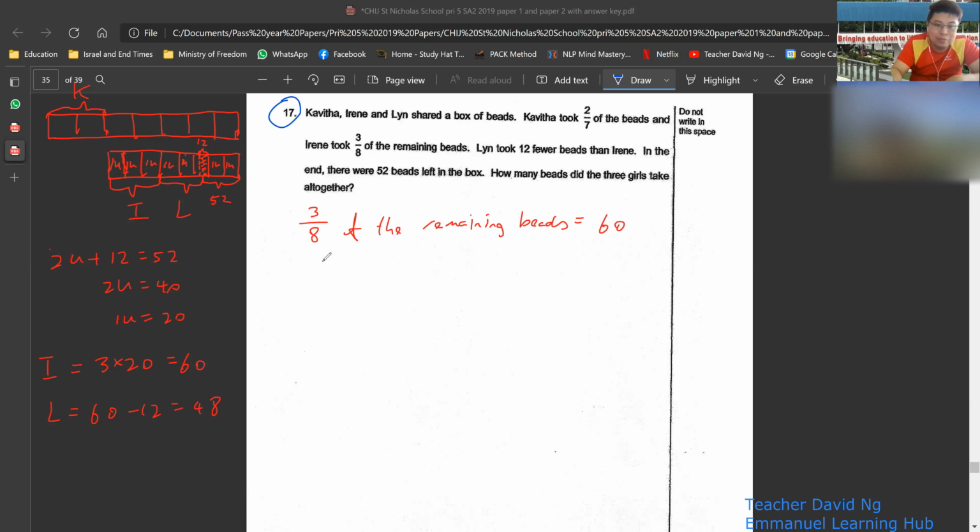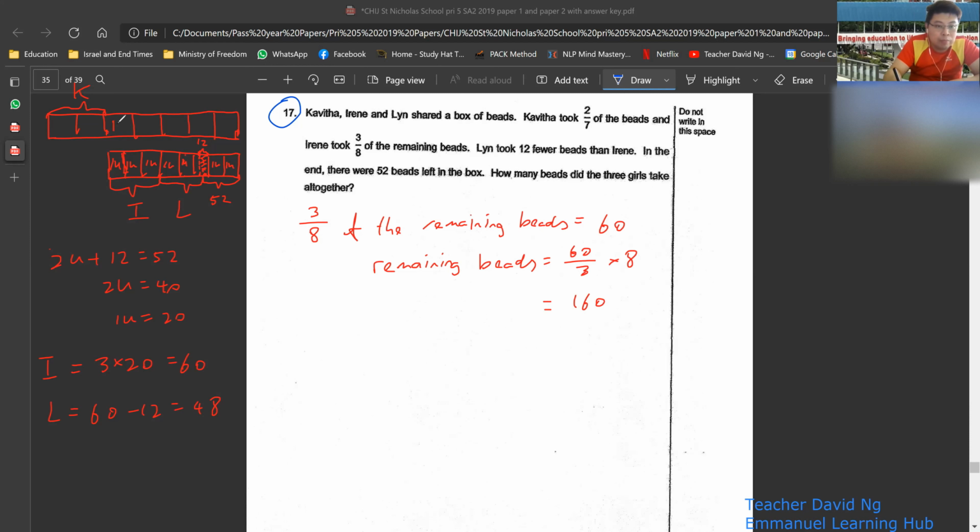Yes. Maybe I straight away jump this step. Agree? Yes. Do you understand why the remaining bits is 160? Yes.